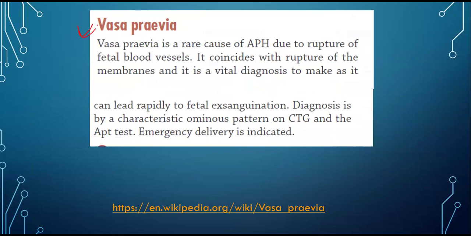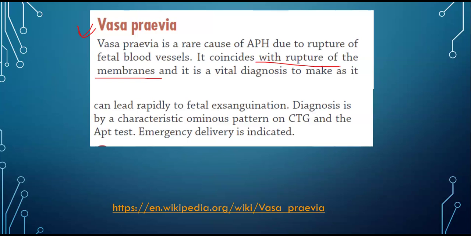Now, there is a condition called vasa previa. Vasa previa is a very rare cause of antepartum hemorrhage due to rupture of a fetal blood vessel. Let's say you were trying to go for induction of labor by doing a rupture of the membrane, and when you did the artificial rupture of membrane, you somehow also nicked the baby's scalp.